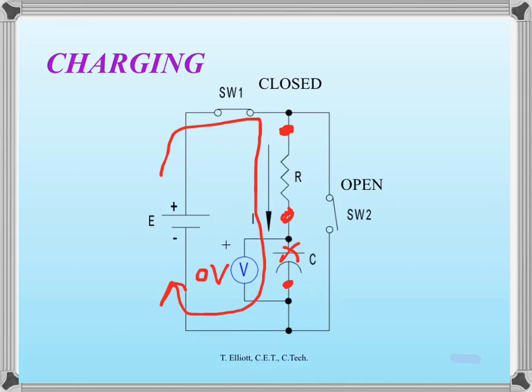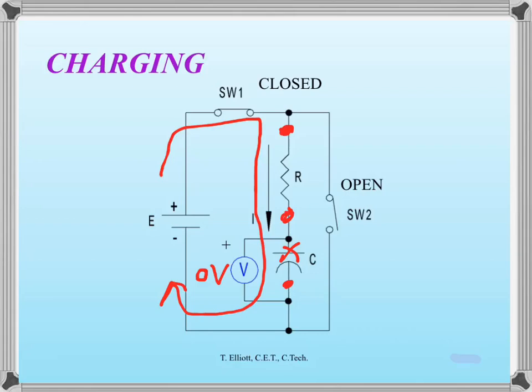The current flow is caused by just the movement of charge, or electrons. So the current doesn't actually flow through the capacitor, although we typically pretend it does. It's not actually true, but anyway. So ignore switch 2 for now. We use that when we discharge.